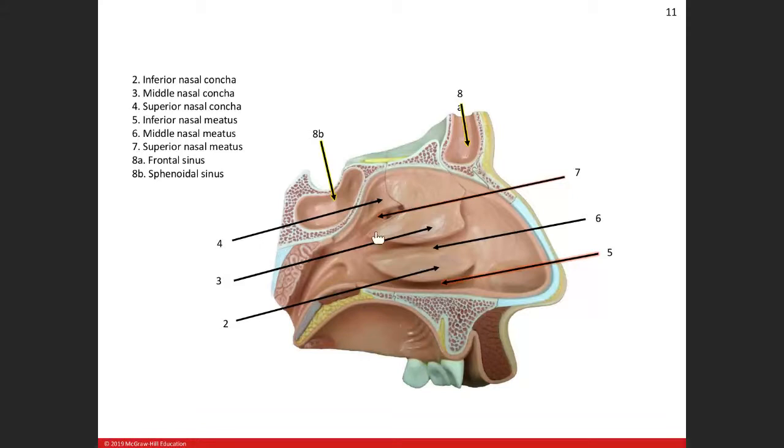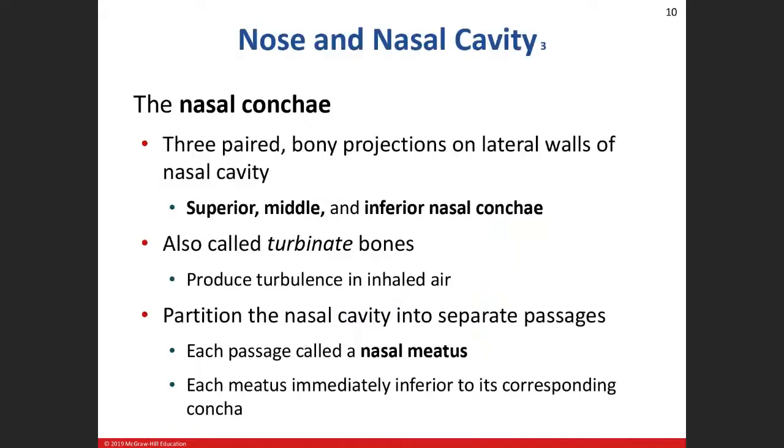Okay, so these structures here help to circulate the air. Because remember, we've got to prepare the air that you just inhaled for the respiratory system, for the lungs here. So those concha there help to kind of spin the air around, create some turbulence so it comes in contact with the mucosal membrane of your nose.